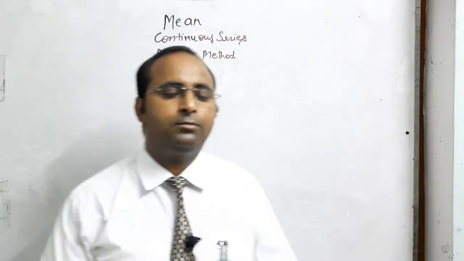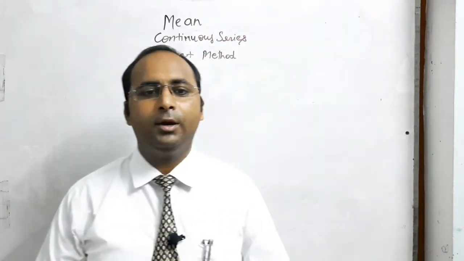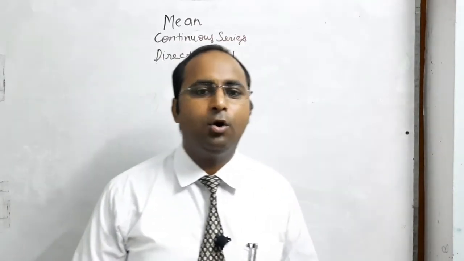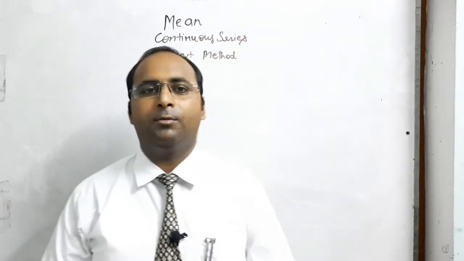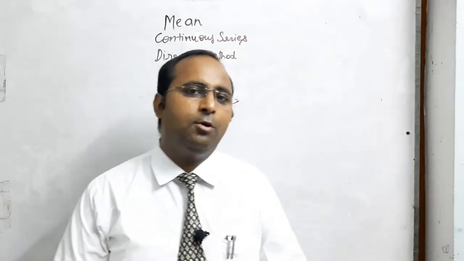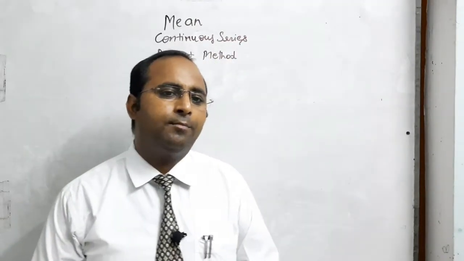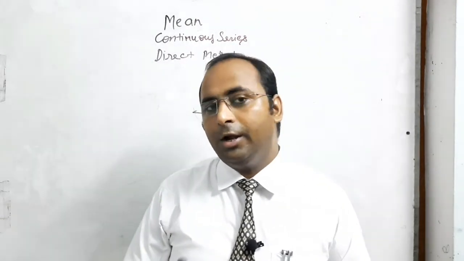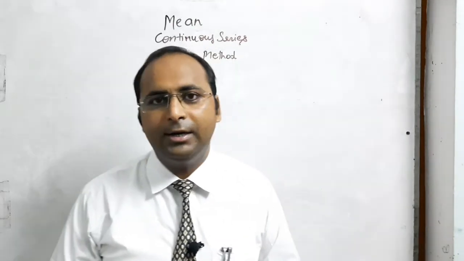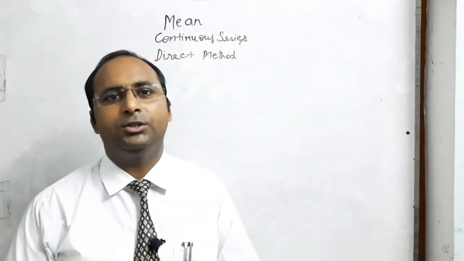Hello student, today we have a topic: mean in continuous series with the direct method. I have already told you we calculate mean in individual series, discrete series and continuous series.